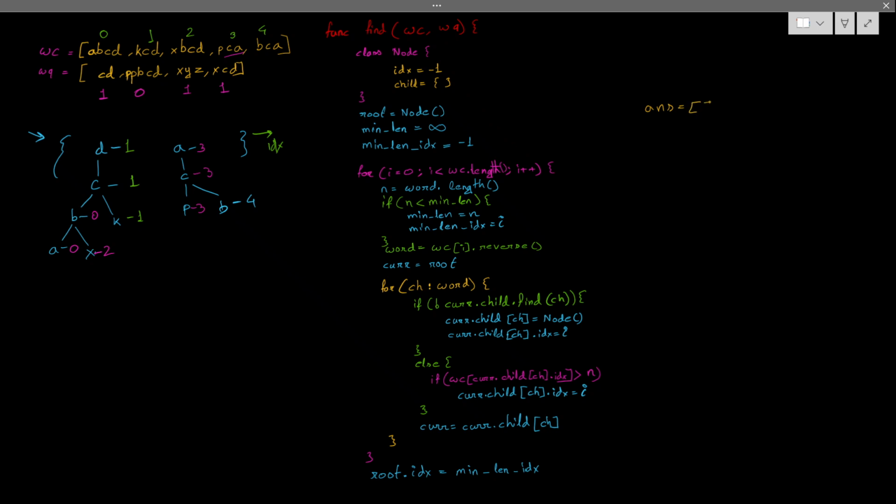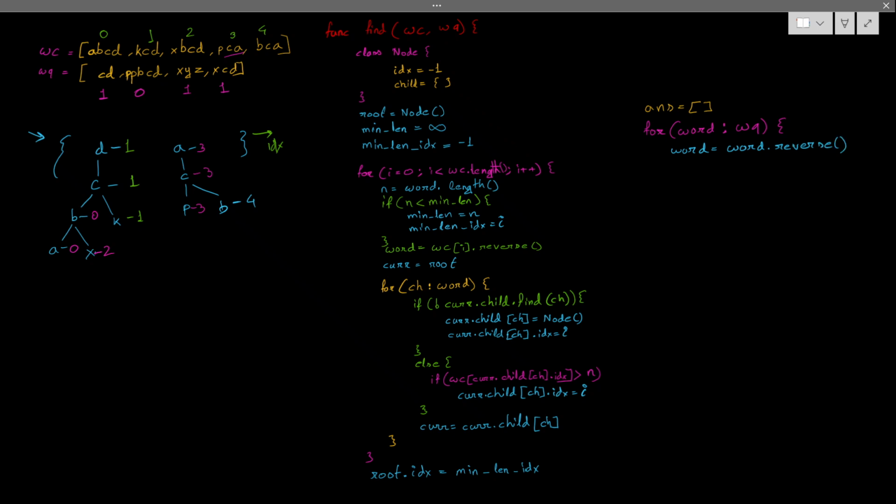Now I have to iterate each and every word present in my queries list. Right now there is no need for an index, so I will do normal iteration. So for each word present in my word queries, I am iterating through it. As always, I need to reverse it, so word will be word dot reverse.